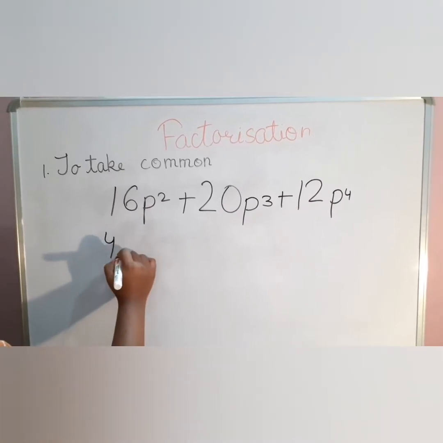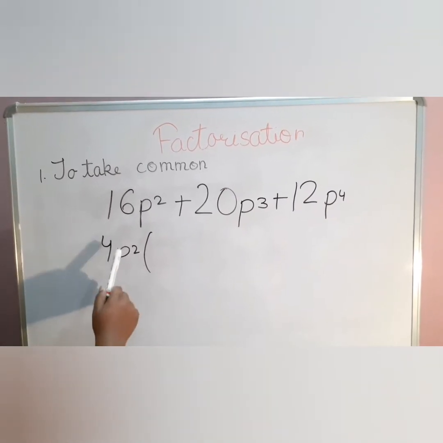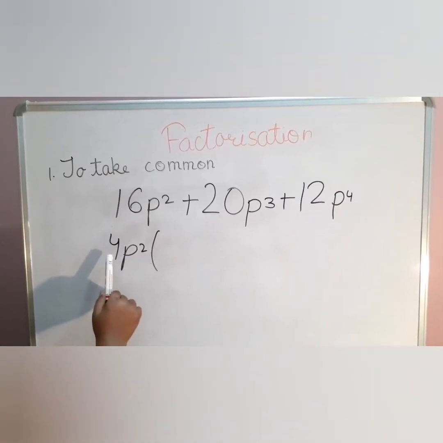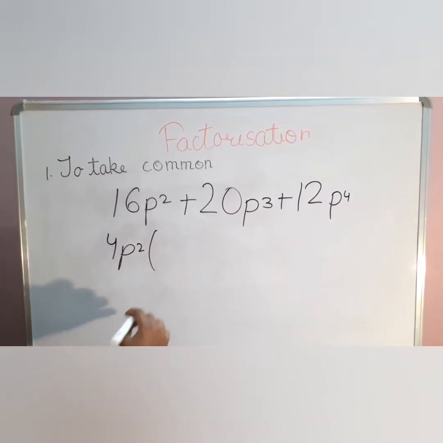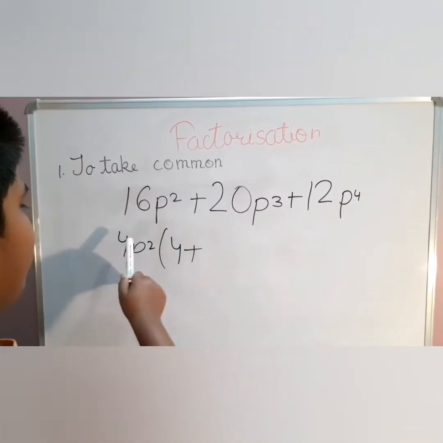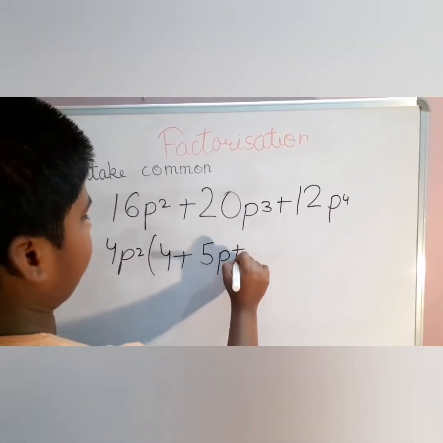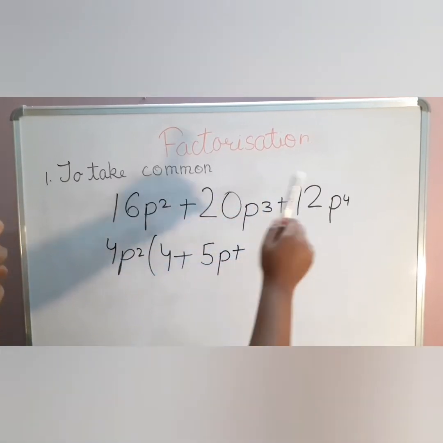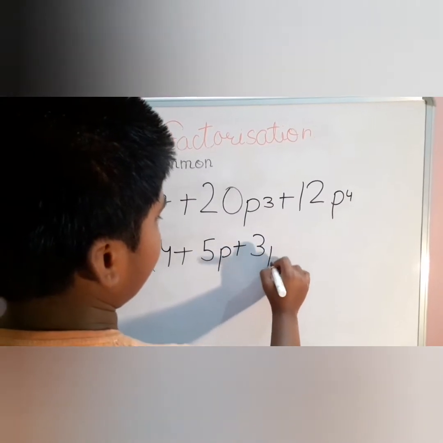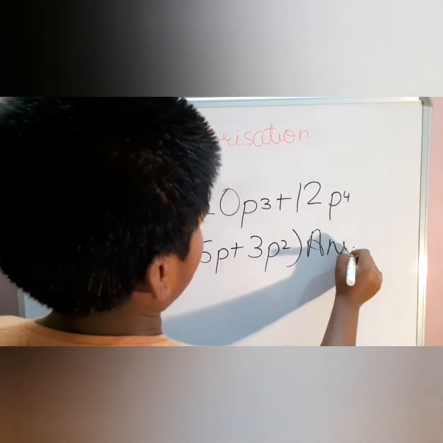So 4p square we have taken common, and I have told you that taking a term common means to divide that term with the other terms. So if we divide 16p square by 4p square, we get 4, 20p cube by 4p square, we get 5p, and if we divide 12p raised to the power 4 by 4p square, we get 3p square, and this is our answer.